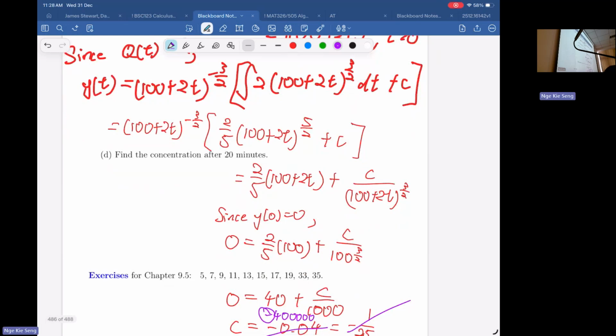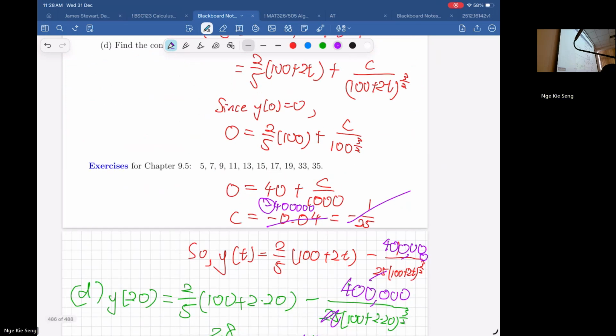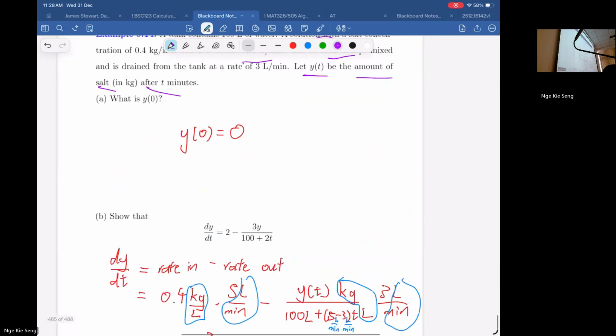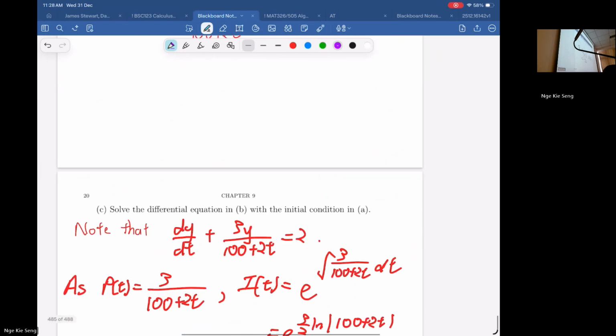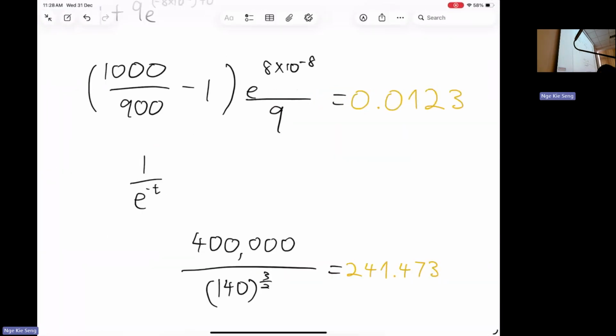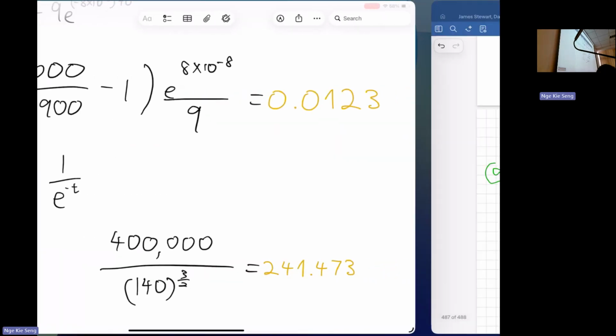Why is 0 equal 0? What's wrong? So it seems like this cube is not big enough.